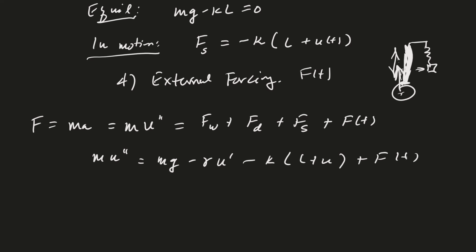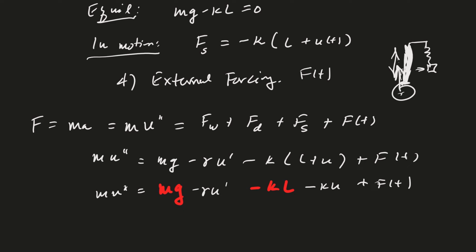Now, can we simplify this a little bit? Notice that here in red, we have mg minus kL, and then we have our other terms: minus gamma u prime, minus k times u, plus F of t. Why am I putting that in red?